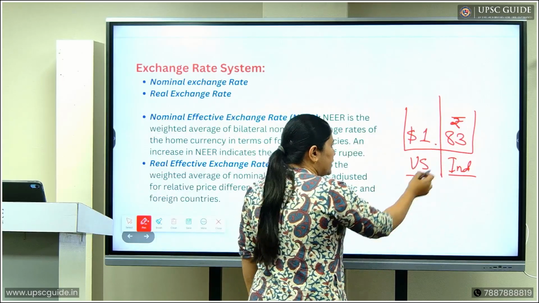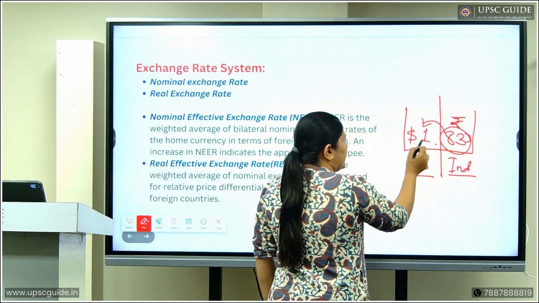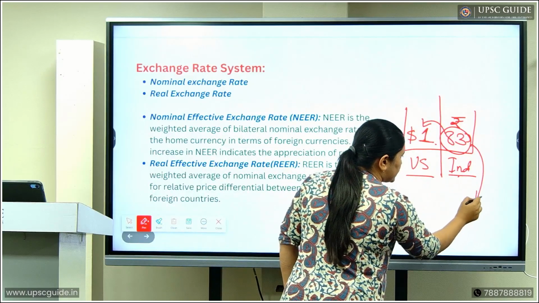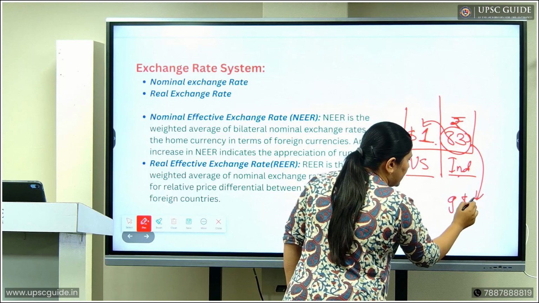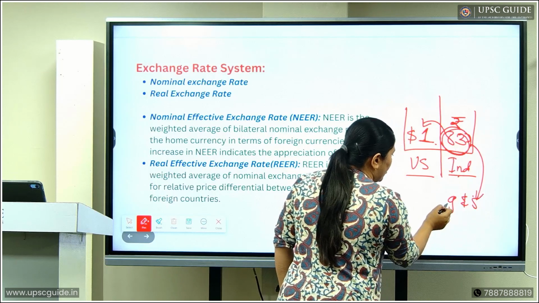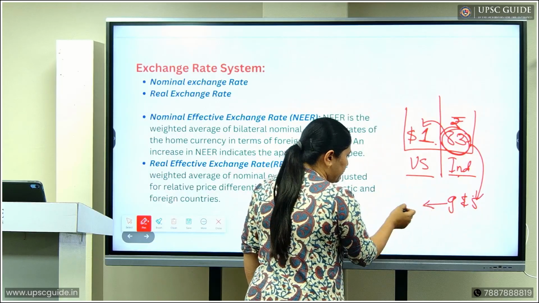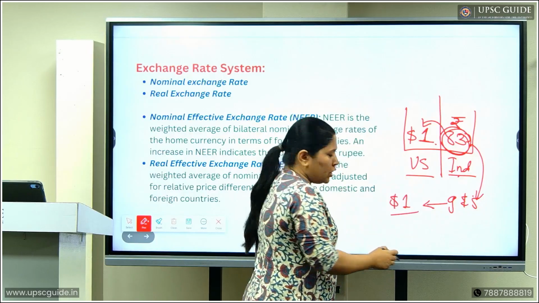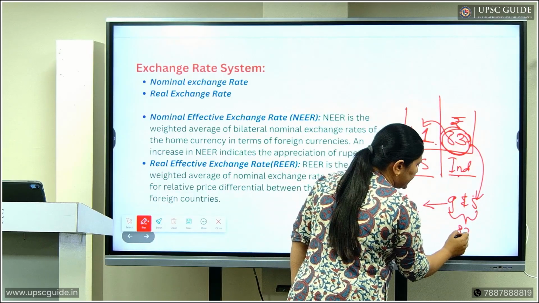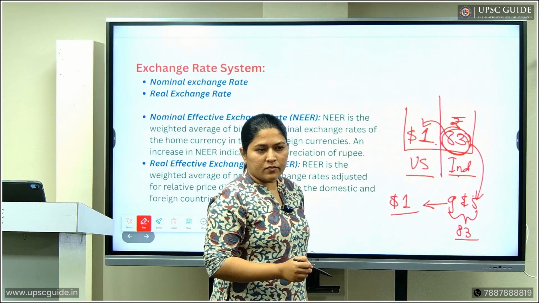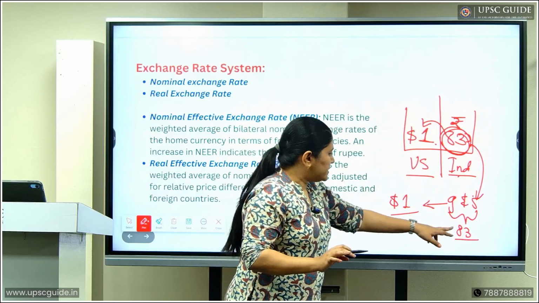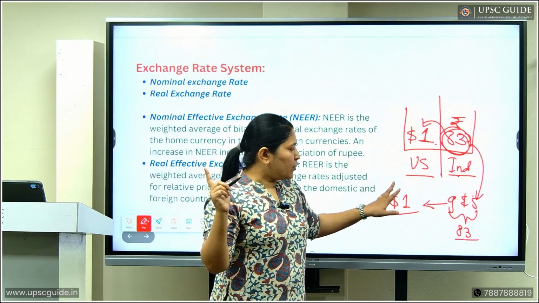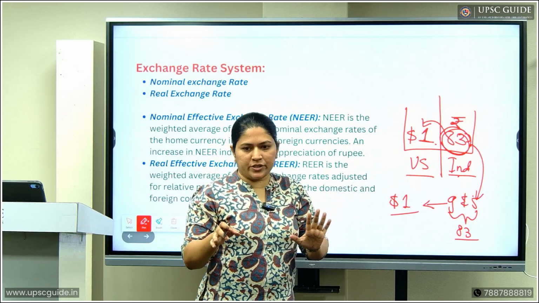So if 83 rupees is valued as $1, then the products or the goods and services that are worth 83 rupees in India can be imported by US citizens for a single dollar, right? This is somewhat the present situation.